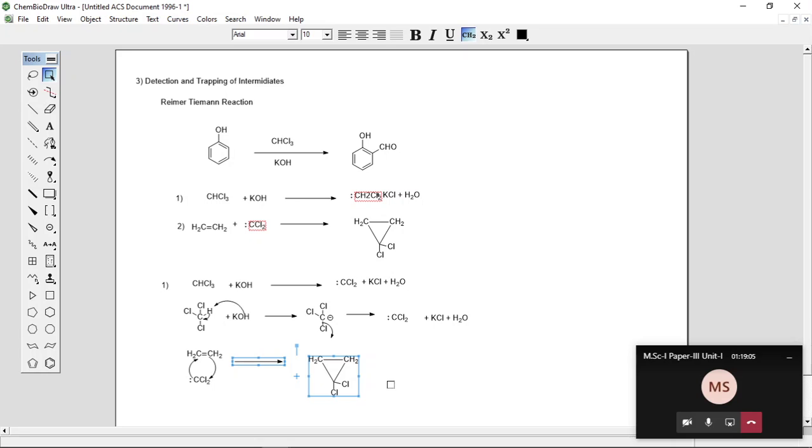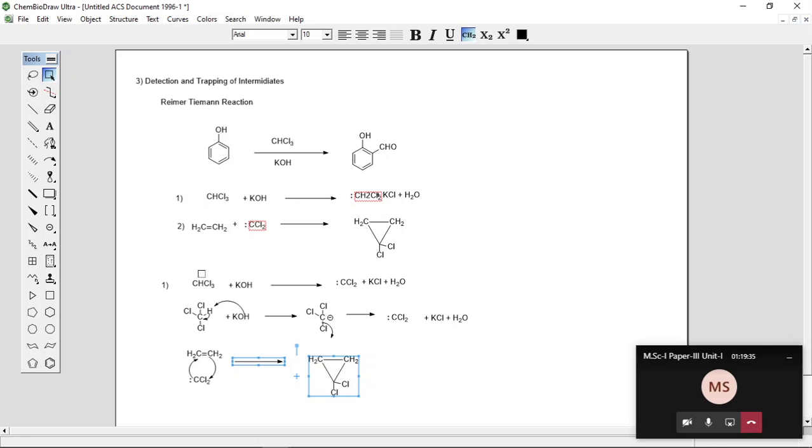So by trapping and detecting the intermediate, you can determine the mechanism of the reaction. In this Reimer-Tiemann reaction, the carbene is generated as the intermediate. It is an electron deficient species.